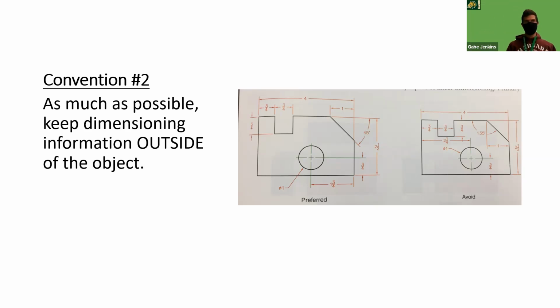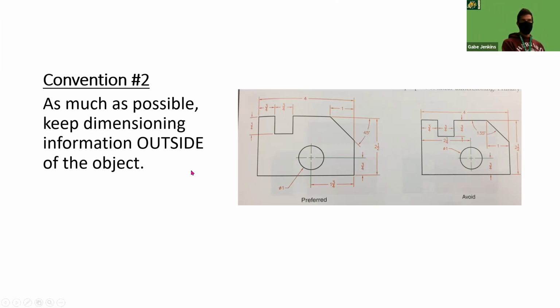If you end up cramming a whole bunch of numbers and lines inside the object, it gets harder and harder to see stuff. It's not always possible. Sometimes you have to have stuff inside the object, but as much as possible, keep that information outside. Okay, so that is the second convention. Nice job, Jack. Nice job, Jalen.